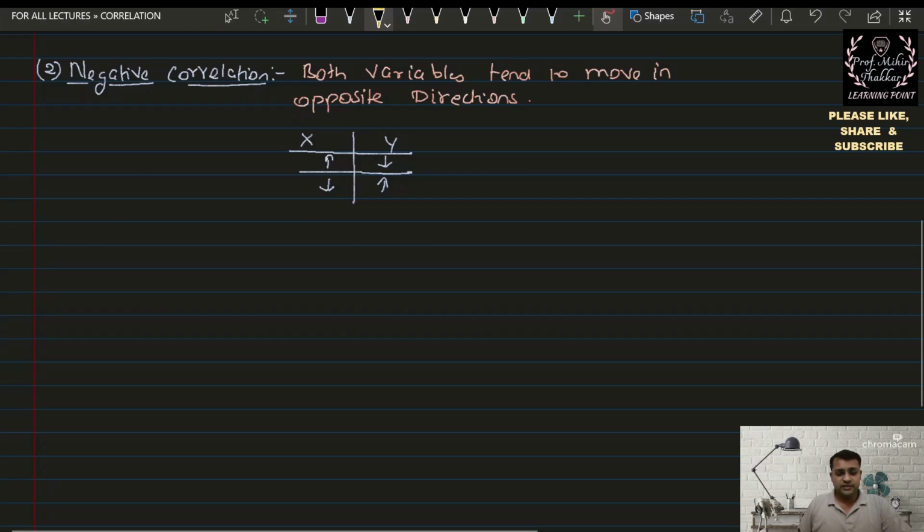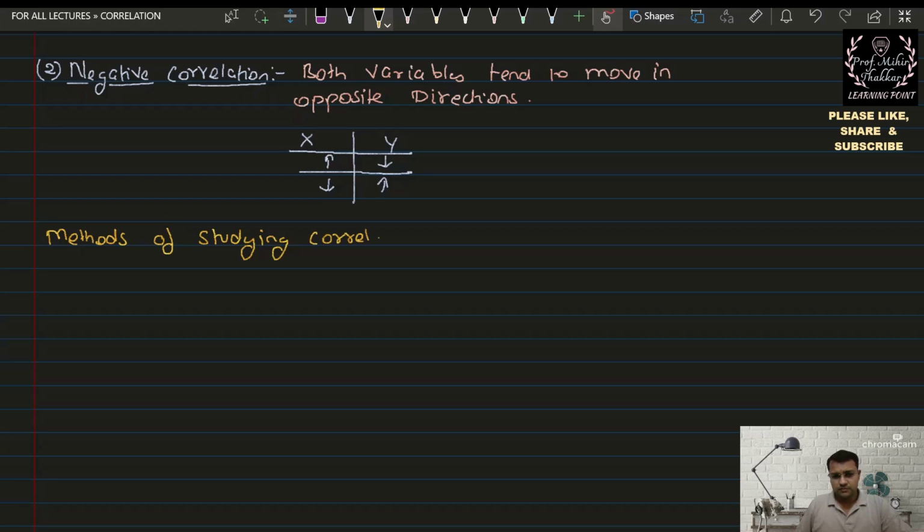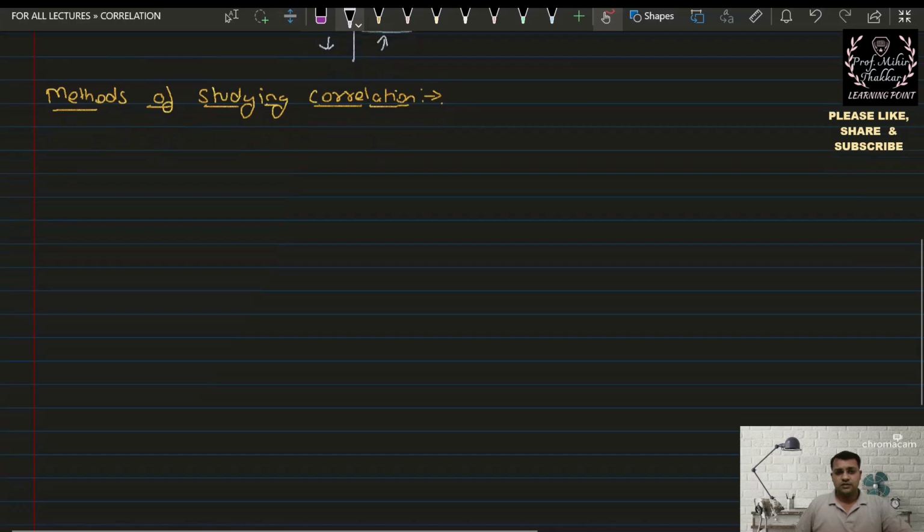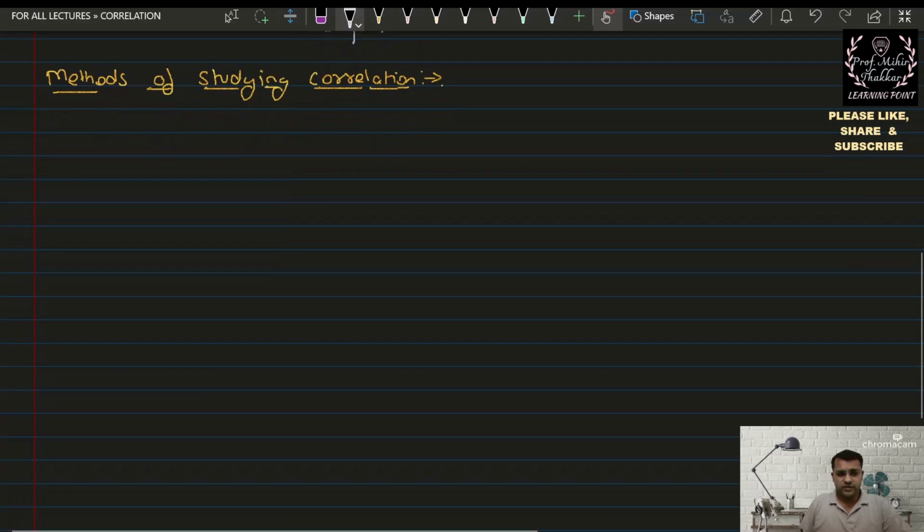The next part is the methods of studying correlation. There are only two different methods.